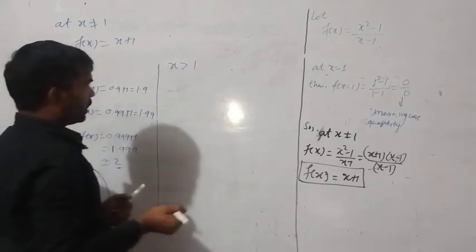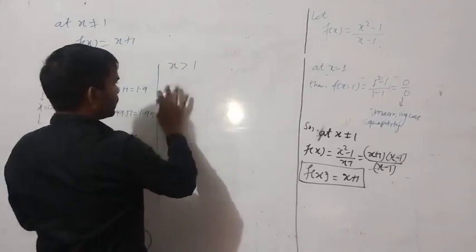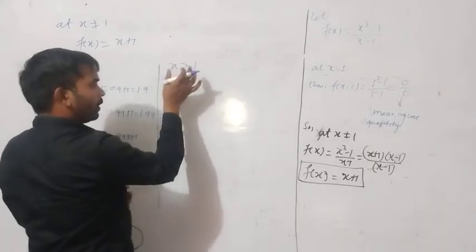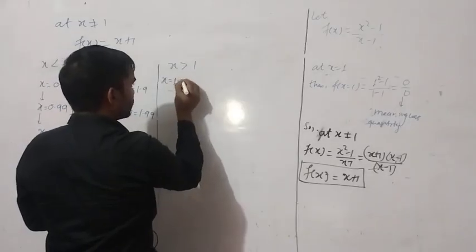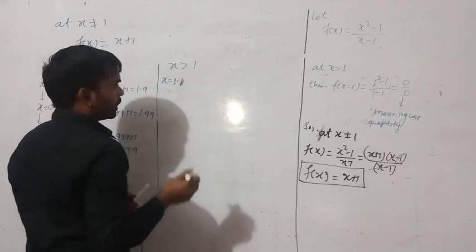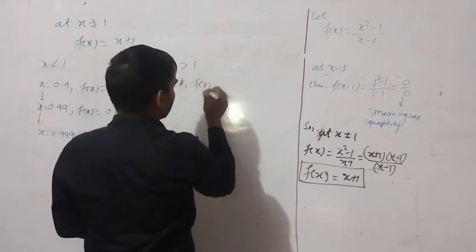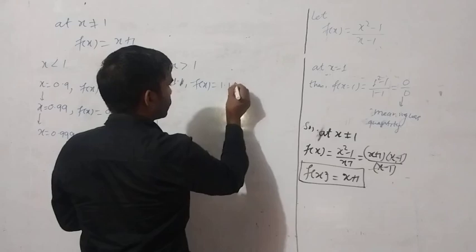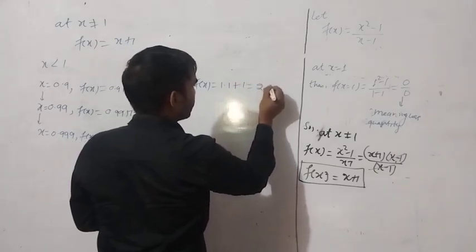Now we can take some other value greater than 1, such as 1.1. The functional value at x equal to 1.1 is 1.1 plus 1, that is 2.1.